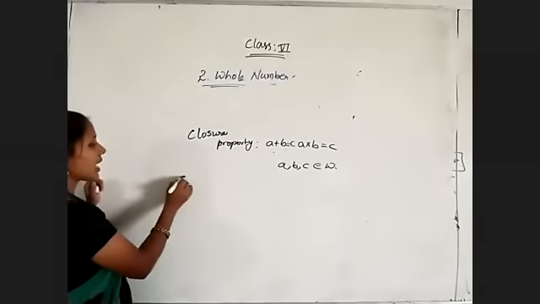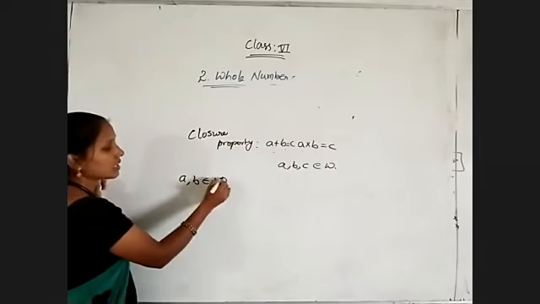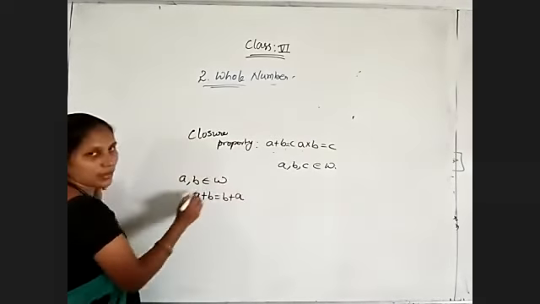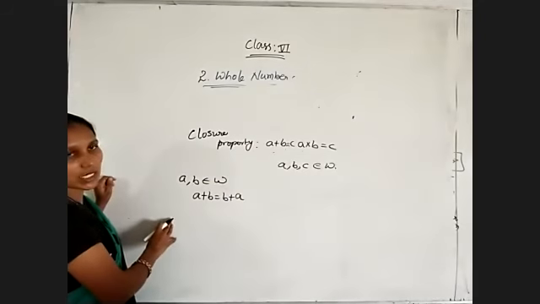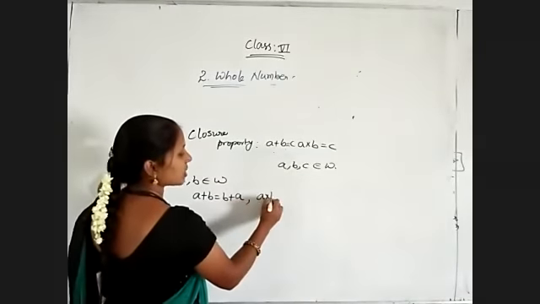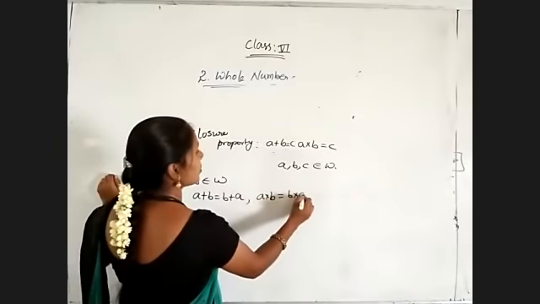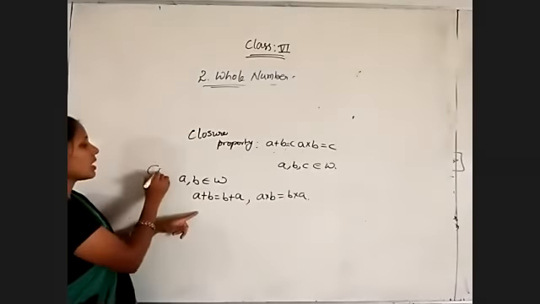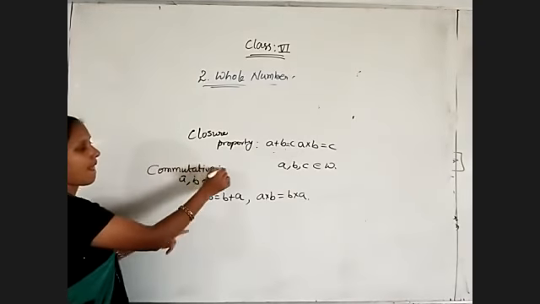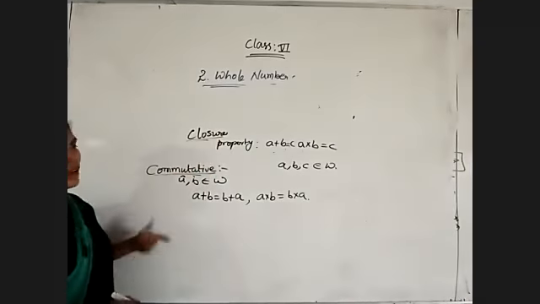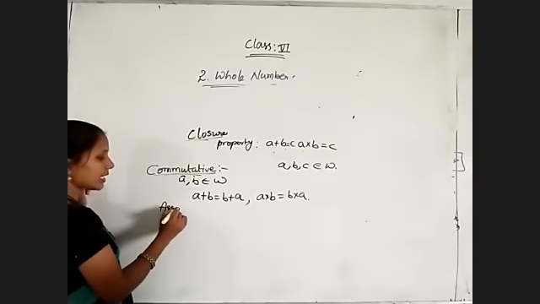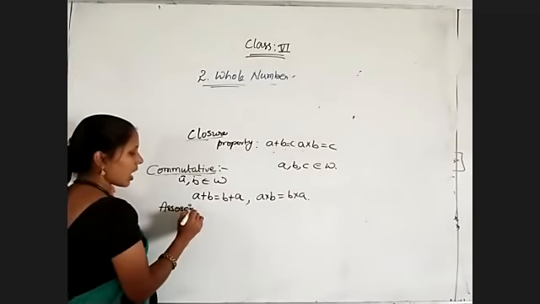And if A and B belong to whole numbers, and we are performing the addition by changing the order of those two whole numbers, then also the result is not changing. That is A plus B is equal to B plus A. Even for multiplication, A into B is equal to B into A. This property comes under commutative property. And the same property, if we are applying for three numbers, is called a grouping property also, associative.